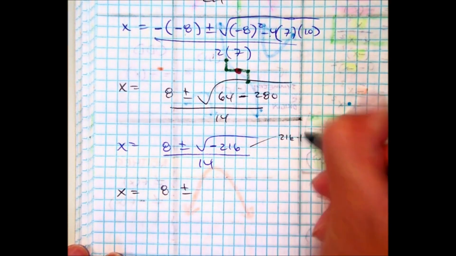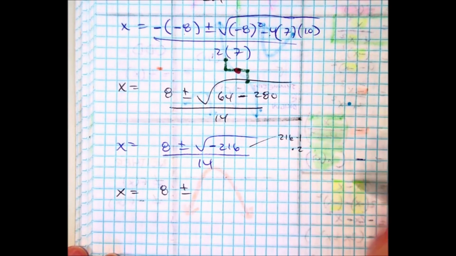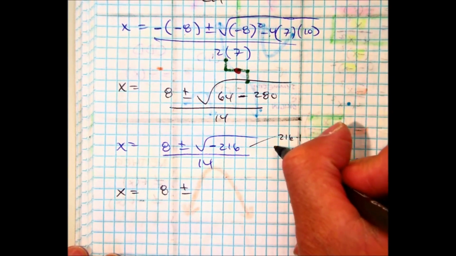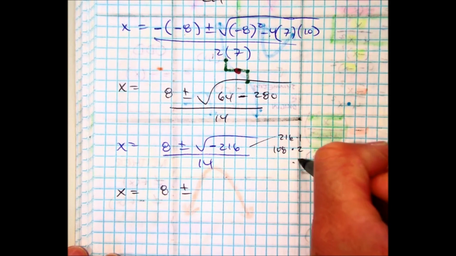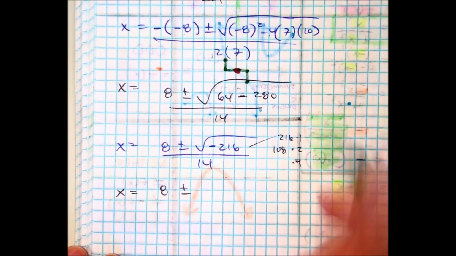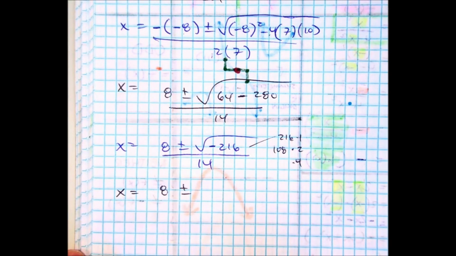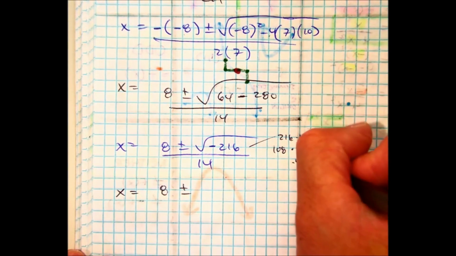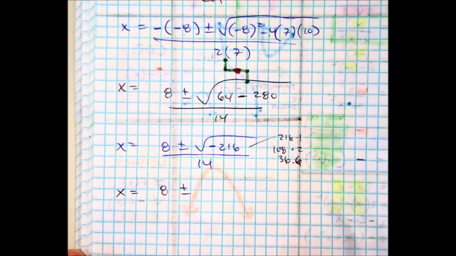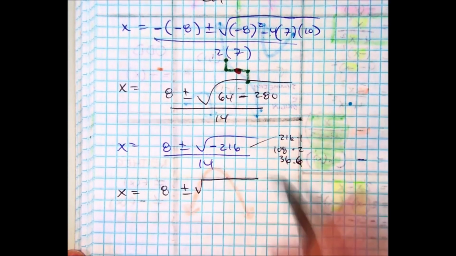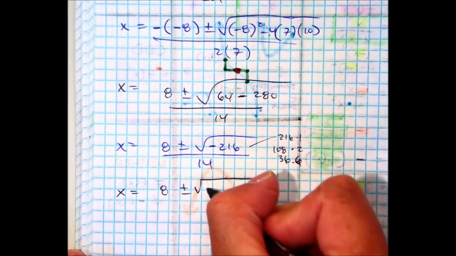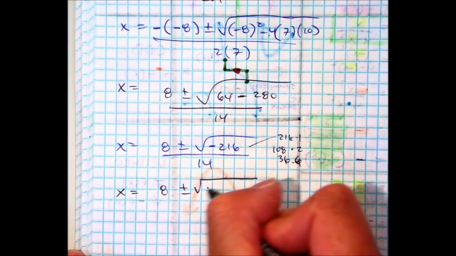Let's do a little side problem here. Don't need a calculator. 216 times 1. We're trying to look for two identical numbers. 2 times 108. How about 6 times 36? That sounds like a good one, because it has a large perfect square here.